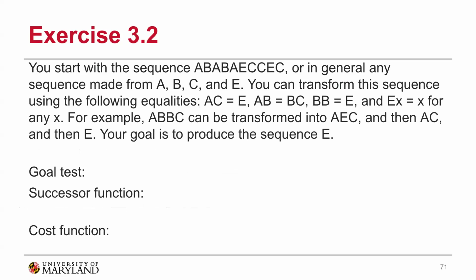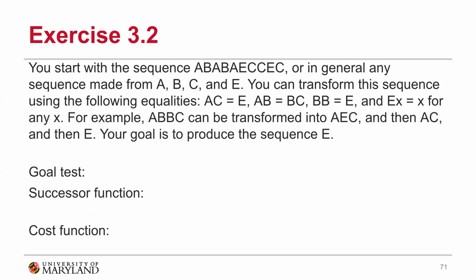So for example, in this one, you start with a sequence, and in a general way, any sequence made of A, B, C, E, and you can transform this sequence using the following equalities, meaning the condition.